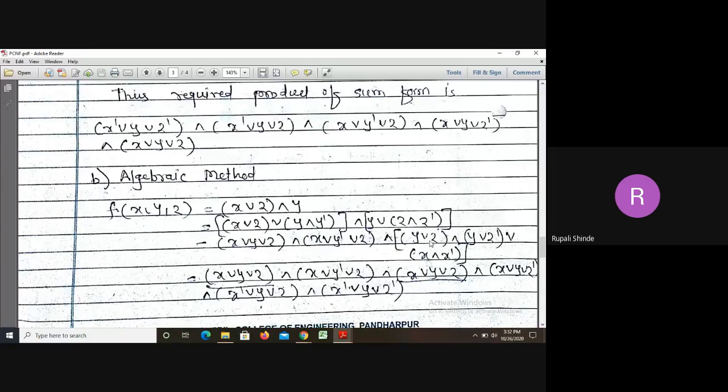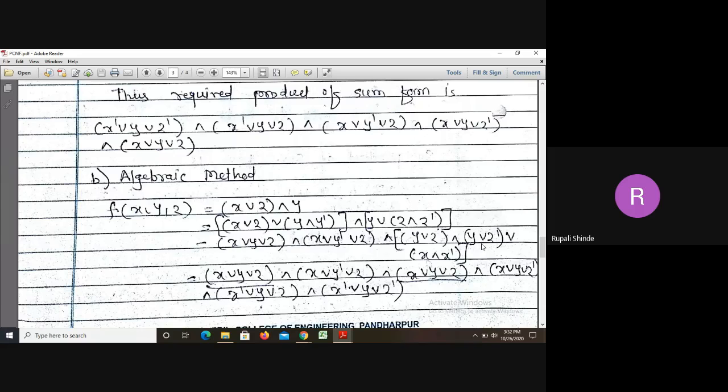But if you consider these two terms, here again X is missing, so we have to add it. For these two terms we have to add X: or X and X complement. For this whole bracket we apply the distributive law. X or Y or Z is one term, and X complement or Y or Z is another bracket.